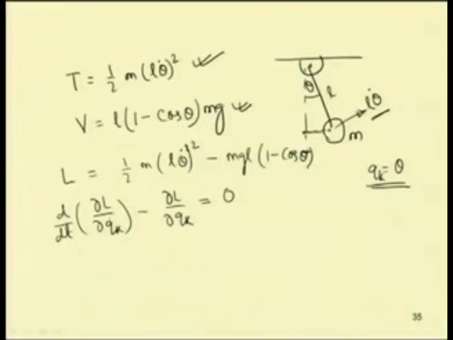So this equation will reduce to: del L by del theta dot will give us half into 2 into m L squared theta dot. Taking d by dt of this, the 2 cancels.